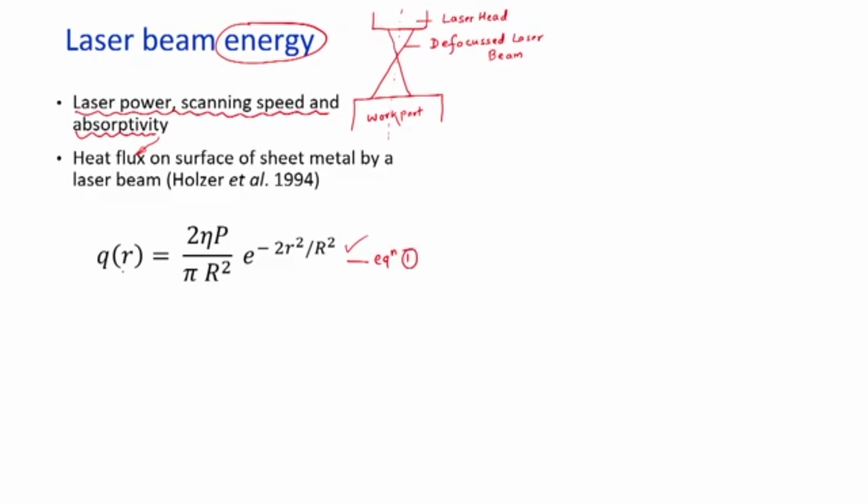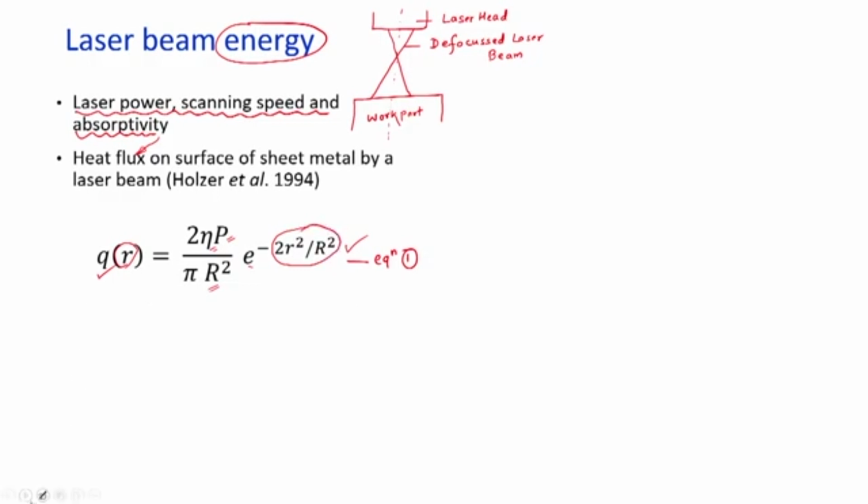This equation 1 has the heat flux and it is a function of r, that is the radial distance along the work part. Nu is the efficiency, P is the laser power, R is the laser spot radius and e is the exponential function of r square by R square.